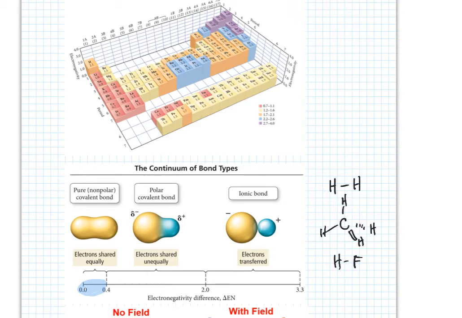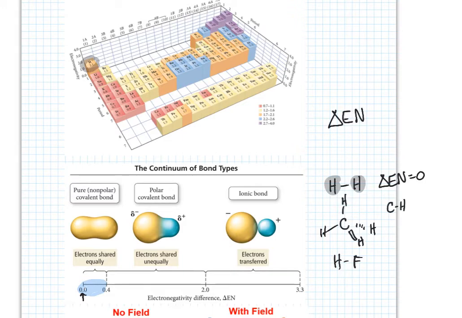All right, and remember we said you measure the difference between the electronegativities, so you want delta electronegativity between the two atoms. So obviously in the case of hydrogen, we've got two hydrogens, we look it up and we say it's 2.1, so 2.1 minus 2.1, that one is going to be 0. So delta EN is equal to 0. So along our scale, we would say 0, that's a purely covalent bond.